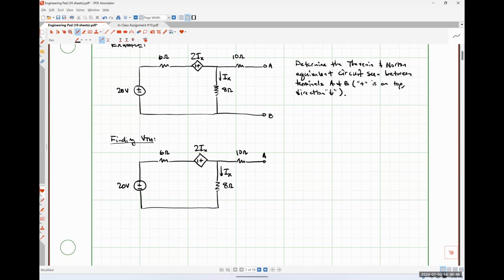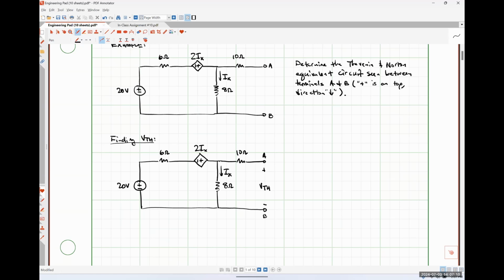And I'm going to ask you guys how you might go about solving this. So any thoughts on how we might solve for our Thevenin voltage VTH here?